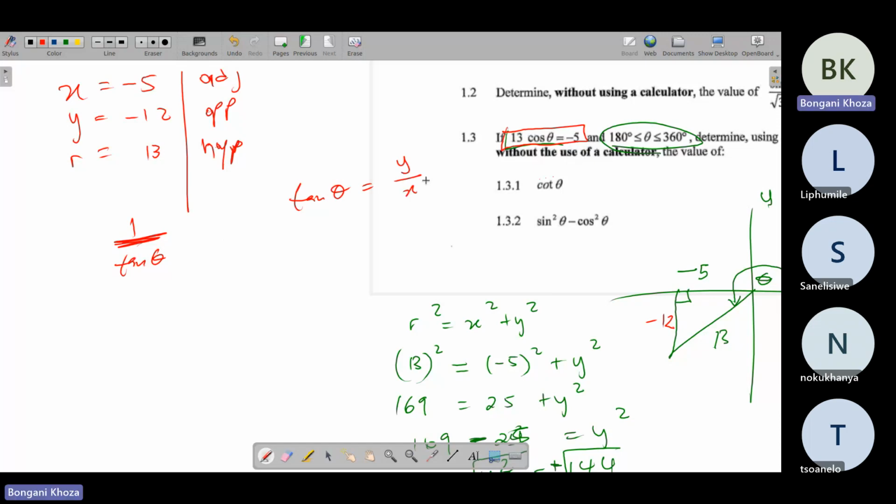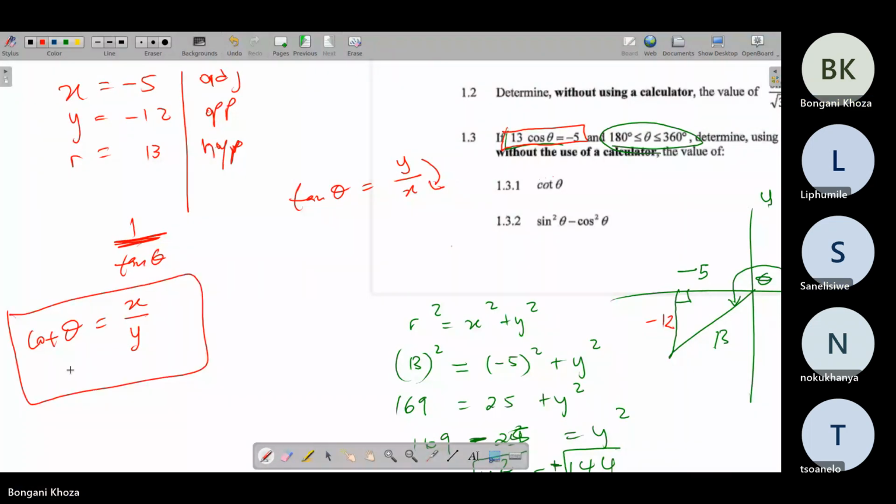This 1 over makes you flip these two, so the numerator becomes the denominator and the denominator becomes the numerator. So you end up with x over y. This is the same thing as cot theta. Is everyone okay here? Yes, sir. So our cot theta is just going to be x over y.